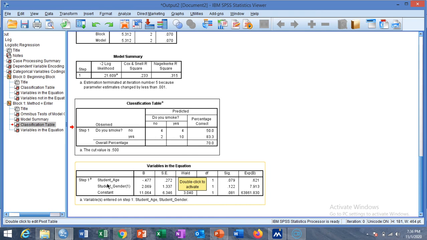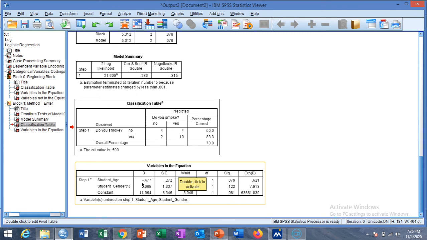And this is the variables in the equation. There were three variables: student age, student gender, and constant. This is the value of the constant. The estimated constant needs no interpretation, and the coefficient for the age of student is minus 0.477.